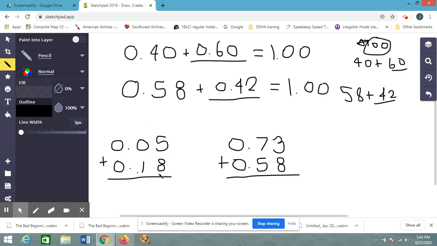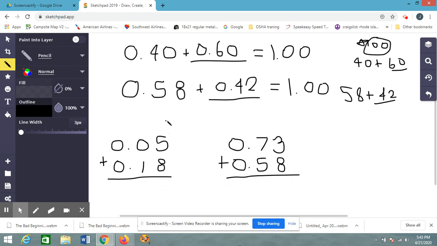It's just exactly the same thing we've been doing, except now we're 2 places over in the decimal. So right now we've got 5 hundredths plus 18 hundredths, or 5 hundredths plus 1 tenth and 8 hundredths. That's saying the same thing. So we're going to add down each place value.